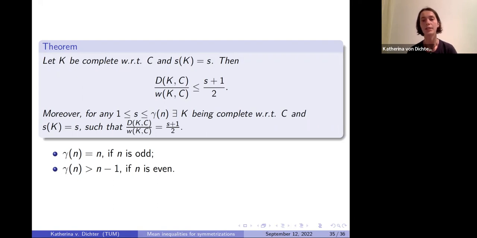And also that the width of K with respect to C is greater or equal to the one when you replace C with a mean of K and minus K, which is the minimum of K and minus K. And then you get here that this bound can be obtained from one of the parameters that you need between these two symmetrizations, namely between the minimum and the arithmetic mean. And by calculating this parameter, we were able to show this theorem.